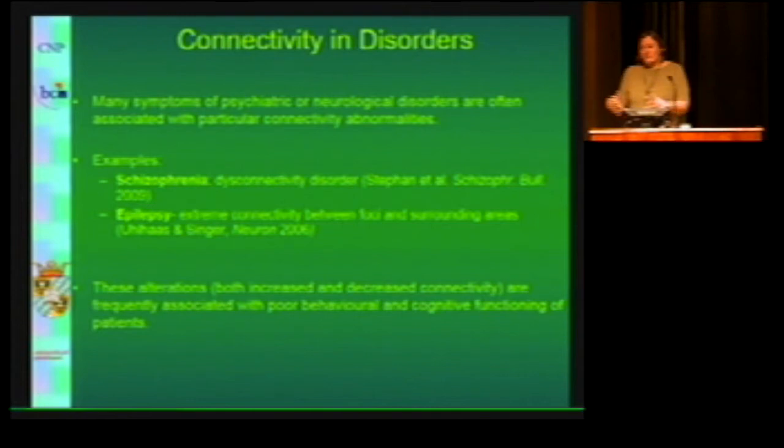So it could go both ways, and these are examples, for instance, in schizophrenia and in epilepsy. But the idea is that these alterations are often specific, and they are associated with different symptoms, for instance, hallucinations, etc.